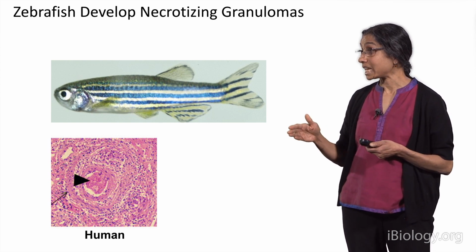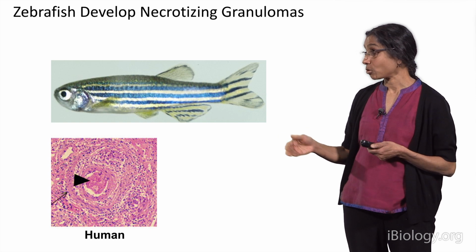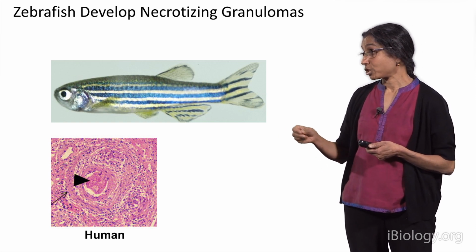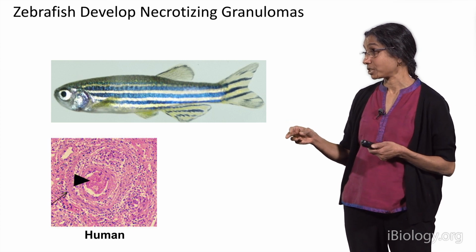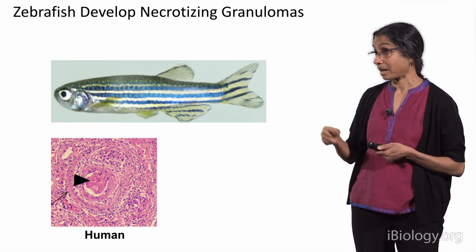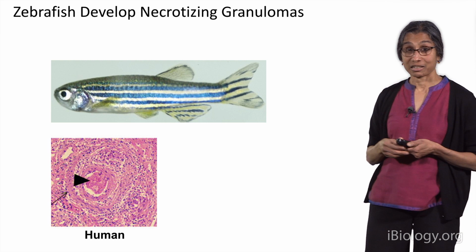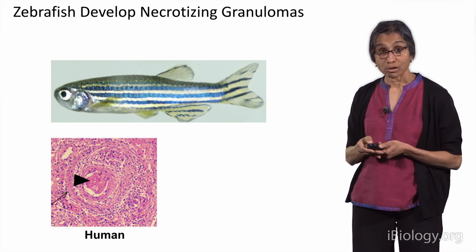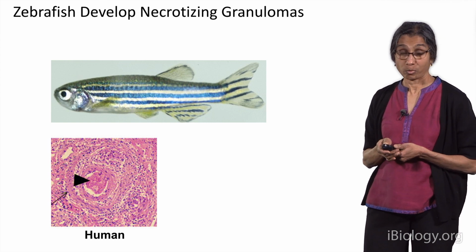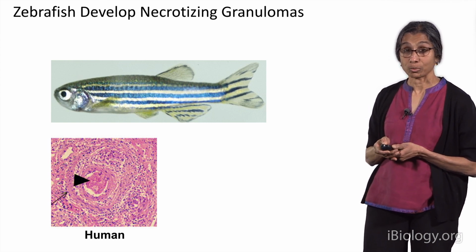And what you can see is that you've got a nice organized structure, which is cellular, as evidenced by blue nuclei on the edges, but in the center where that arrowhead is, you'll see that the structures become acellular because it's undergone necrosis, just as we know that human TB granulomas do.